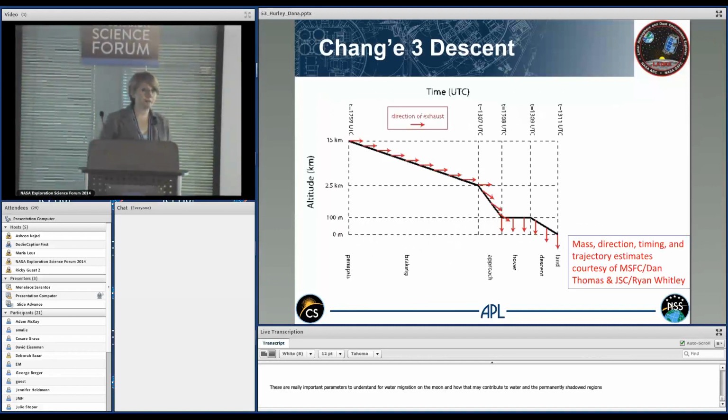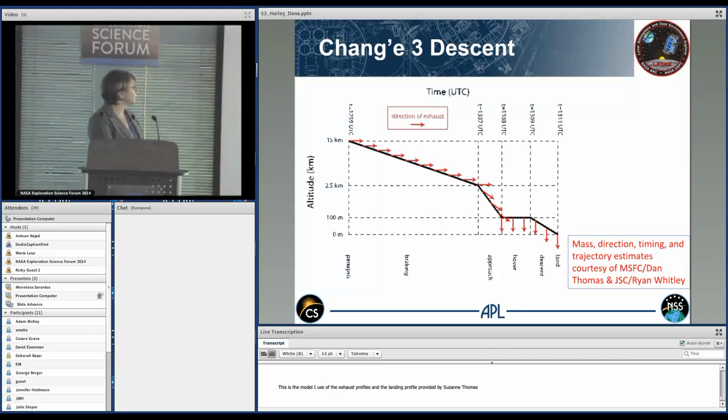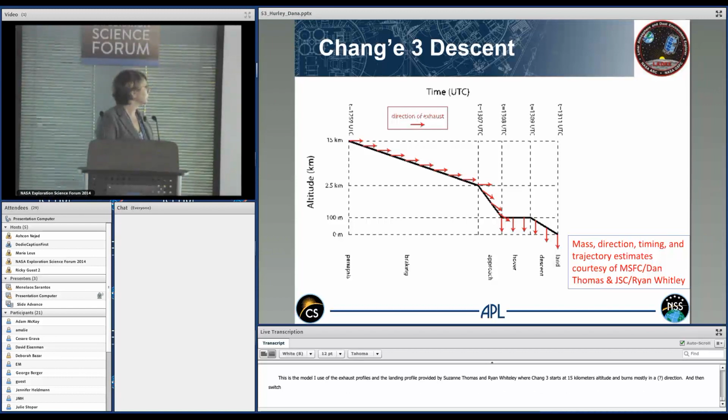So this is the model that I use of the exhaust profile and the landing profile that was provided by Dan Thomas and Ryan Whitley, where Chang'e-3 starts at 15 kilometers altitude and burns mostly in a prograde direction, and then switches down to retrograde.